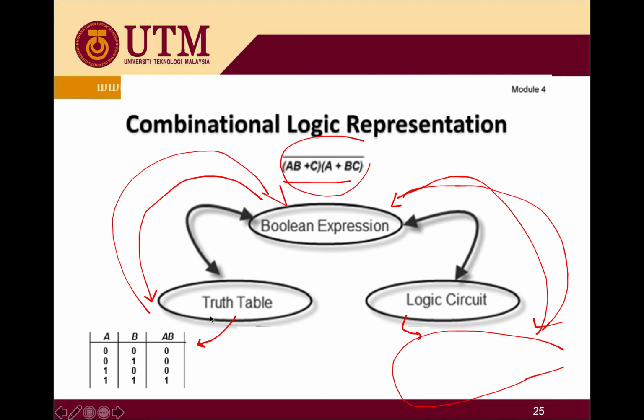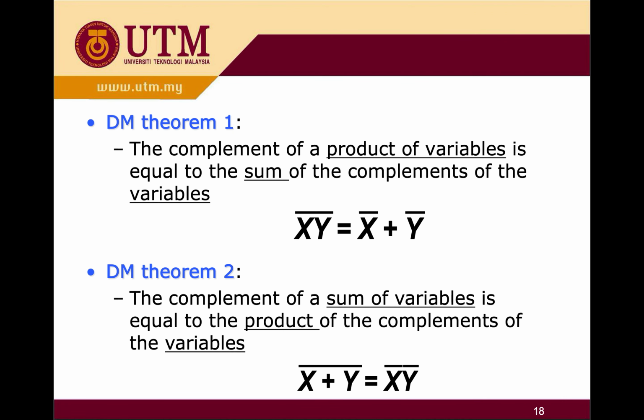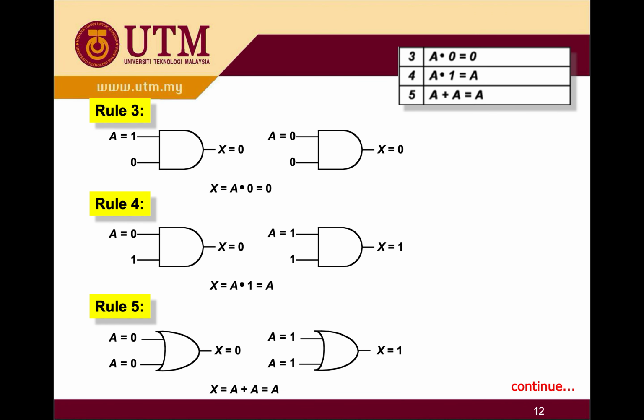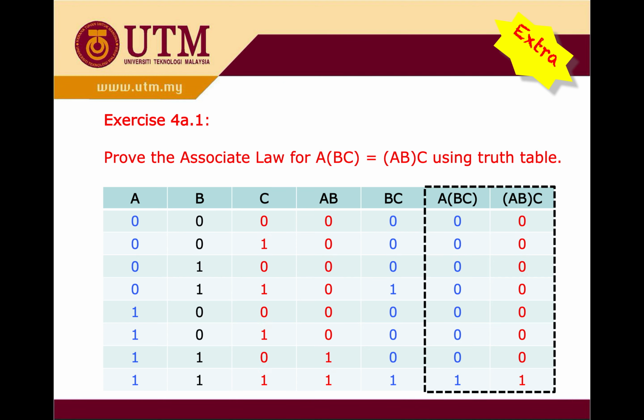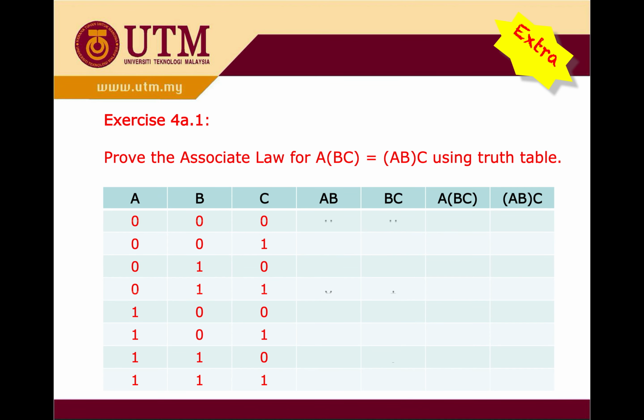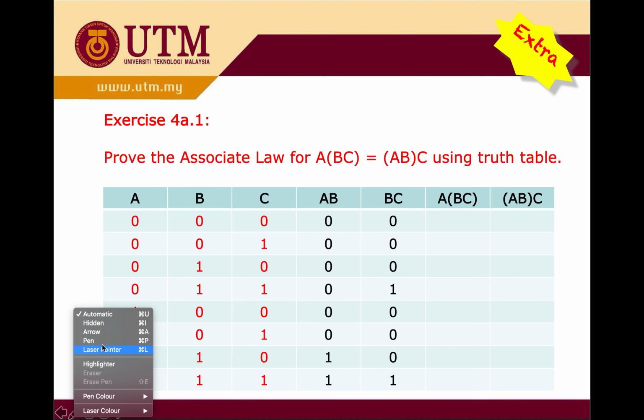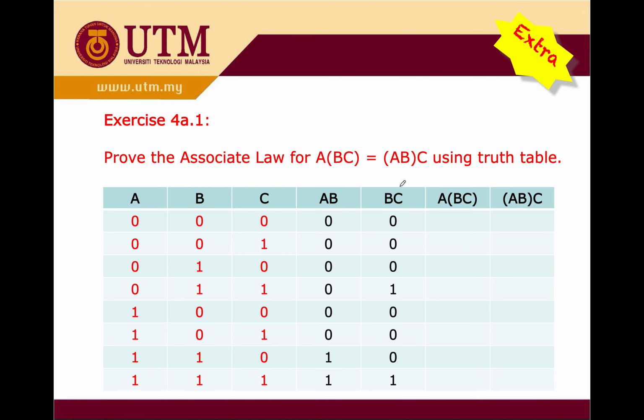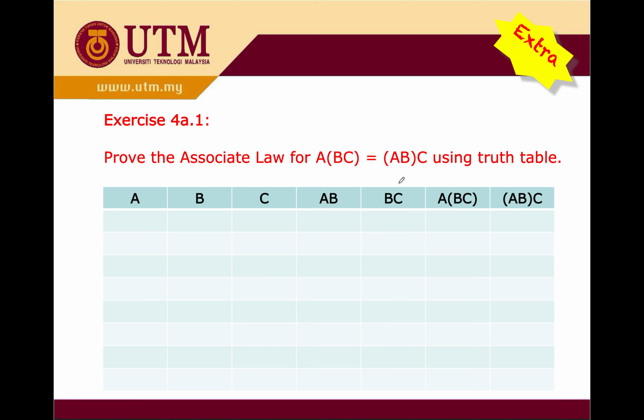So back to our discussion. Over here you have the examples of this truth table. You were given A dot B dot C and A dot B dot C using truth table.